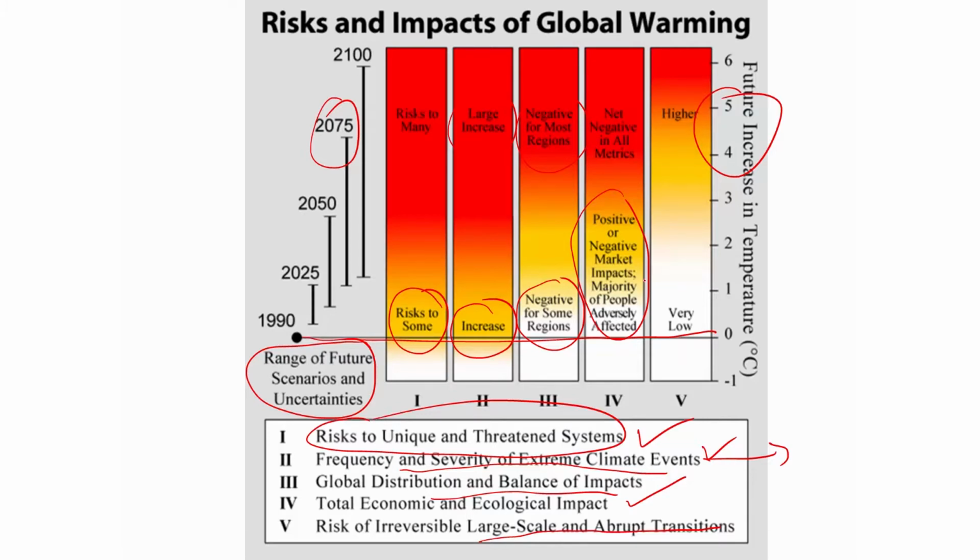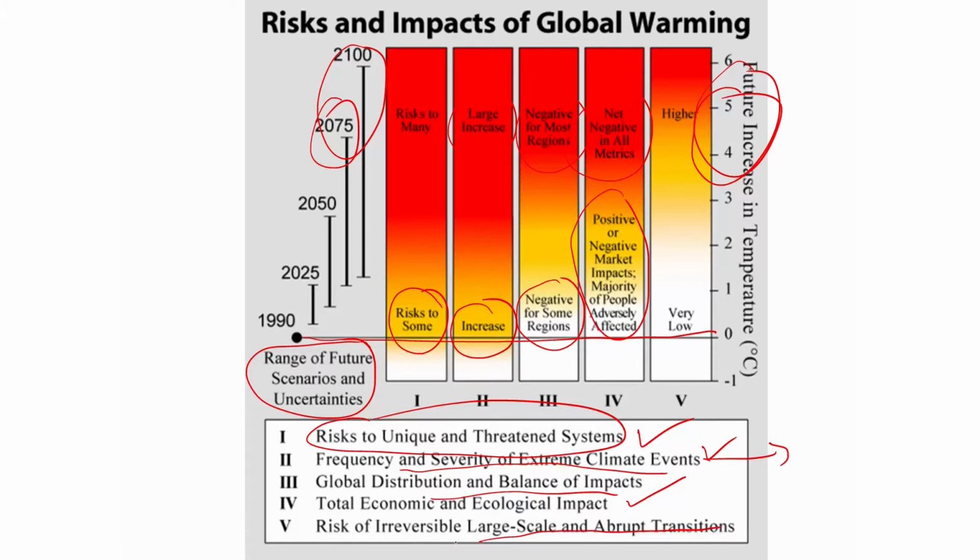There is a market impact on the economy, there is an ecological impact, and then there is a net impact on humanity. Net negative impacts in all the metrics that are defined are expected as we go into the next few decades and the warming grows. Some regions will be much more vulnerable than others for sure.